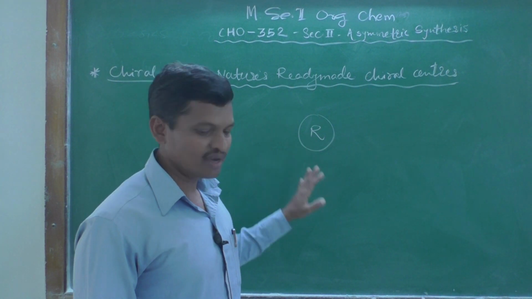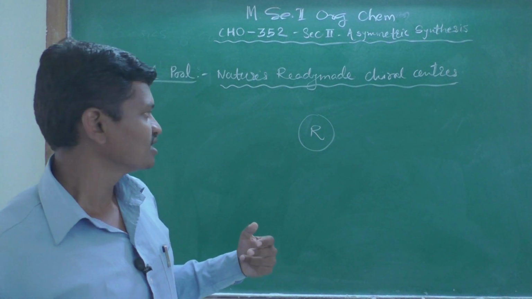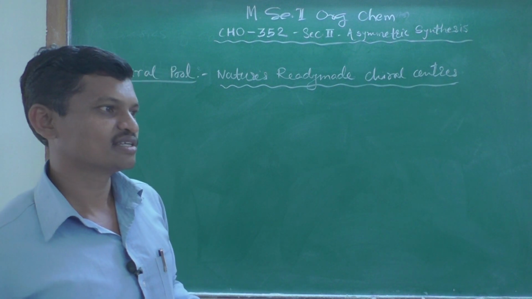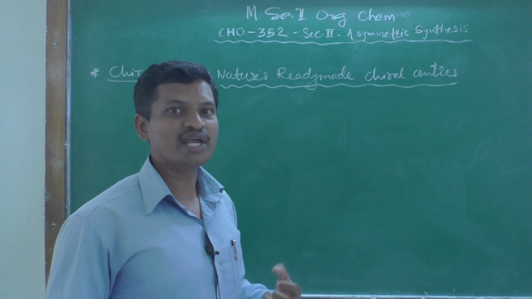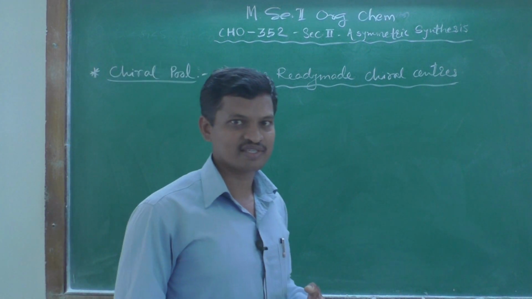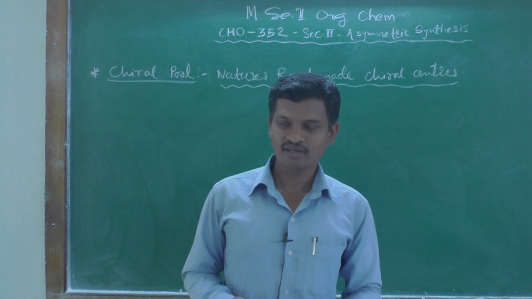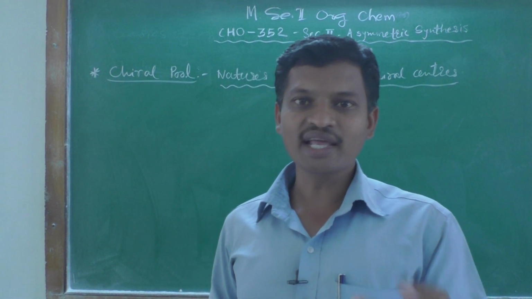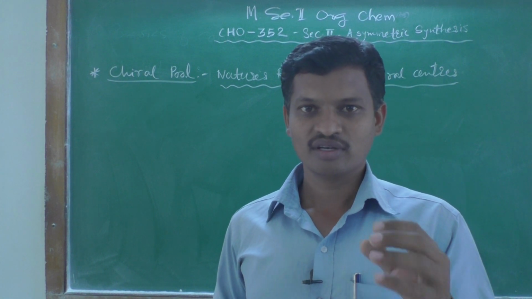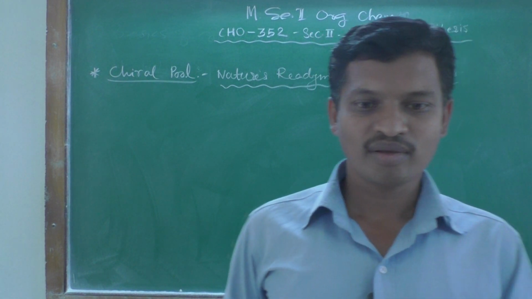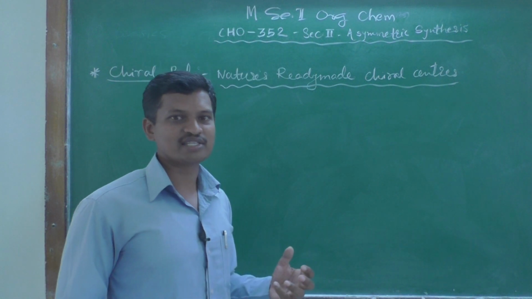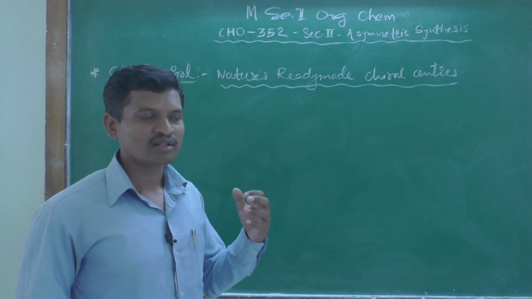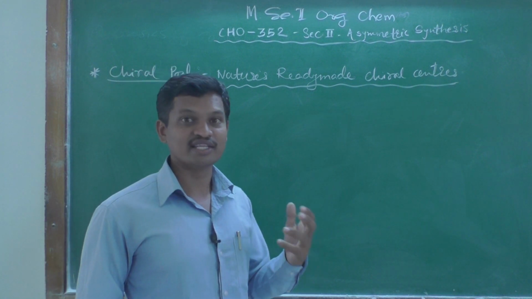Okay, and to get this we should think about the starting materials or the reagents which already have chiral centers, and in our nature there are a number of such readily available, cheaper and easily obtained materials which are naturally occurring, containing chiral centers in their structures.